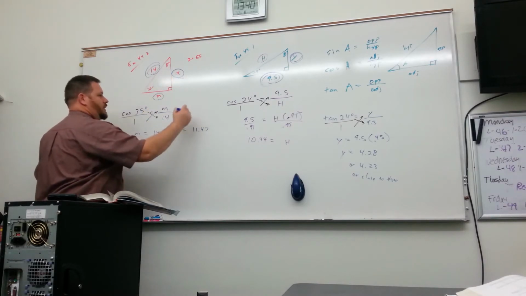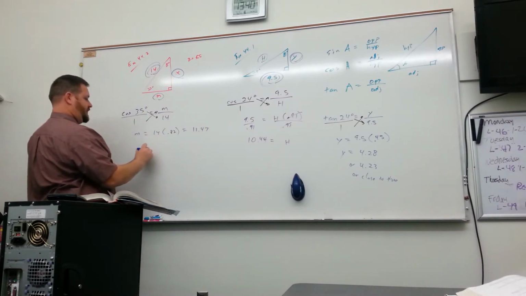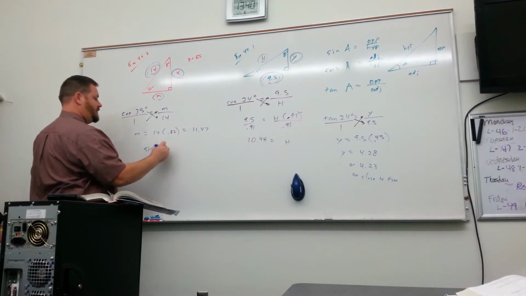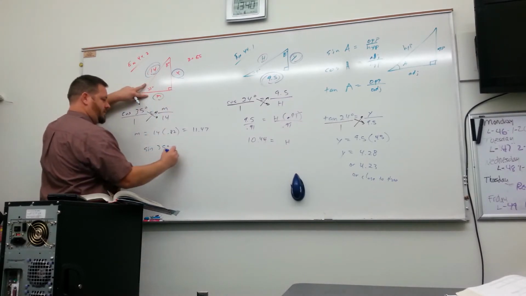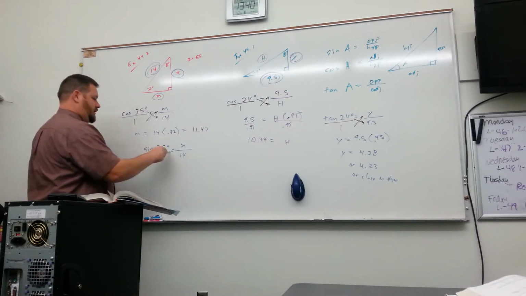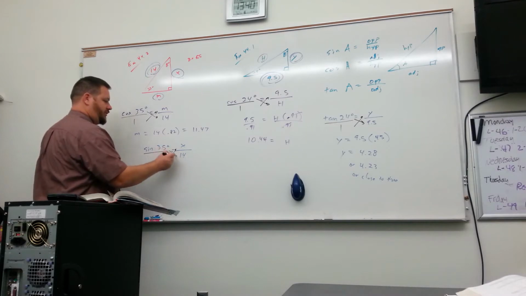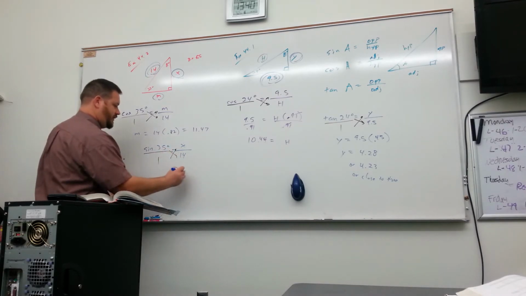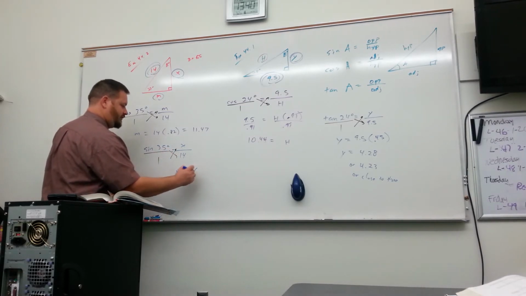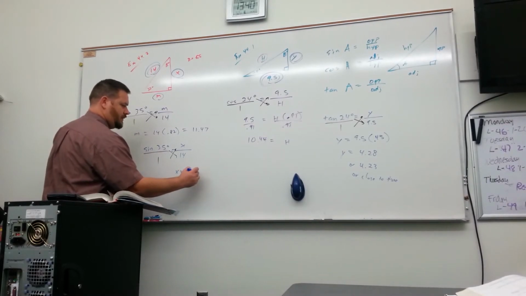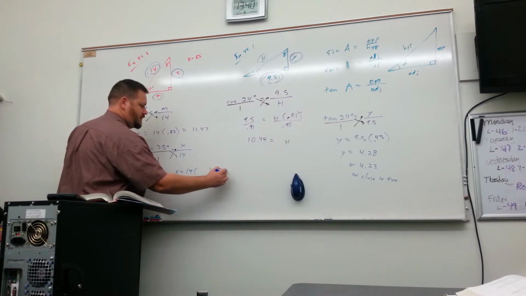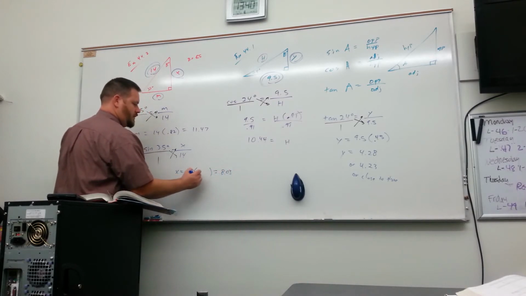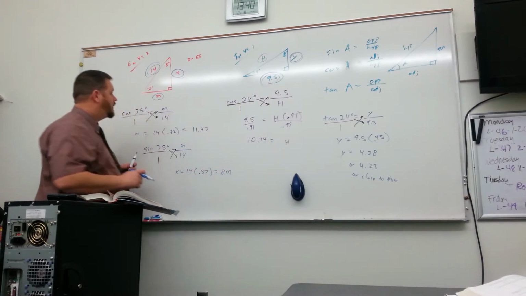That relationship is sine, because from this angle it's the opposite over the hypotenuse. Again, put it over 1, cross multiply. So x equals 14 times the sine of 35. The sine of 35 is 0.57, so it comes out to 8.03 in the end.